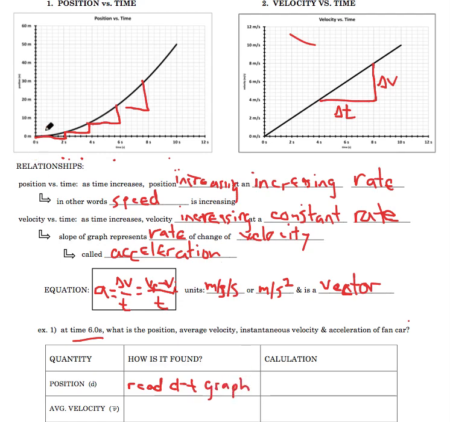So if we go up to here, and let's erase this, and we go over to the 6th second, and we go up, and we go over. I believe that's at the 18th meter. We've gone 18 meters in those 6 seconds.